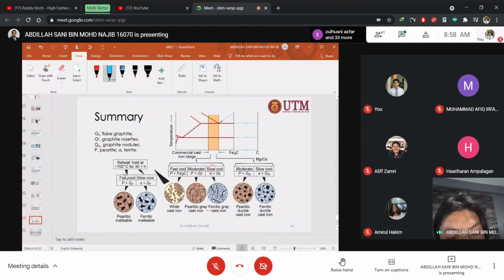Likewise, if it is a bit fast, then we have this pearlitic malleable. And if you provide enough time and energy for diffusion, all the carbon inside the cementite in this pearlitic structure will combine with the graphite and leave only the ferrite.